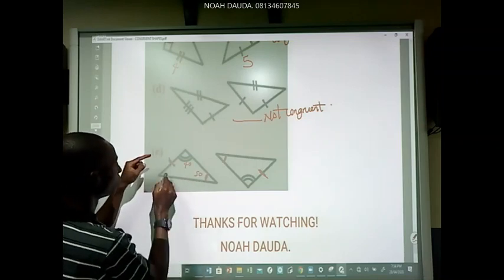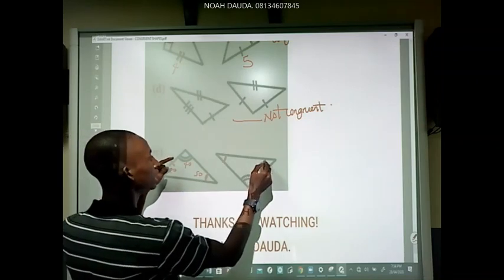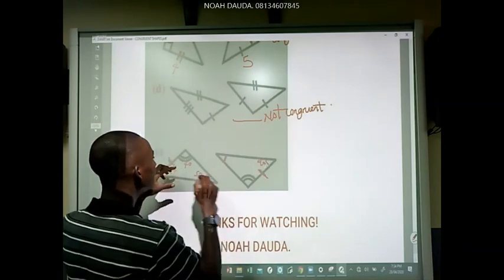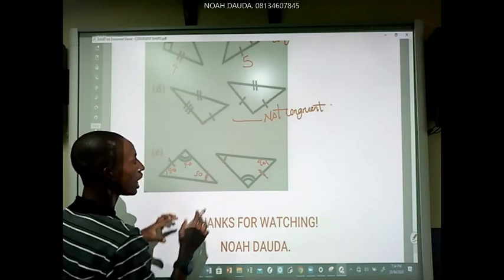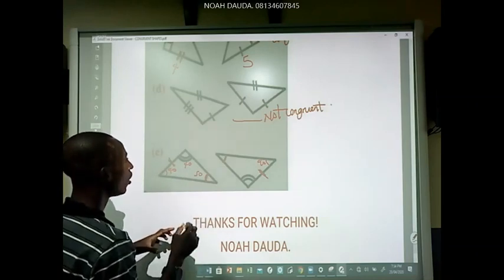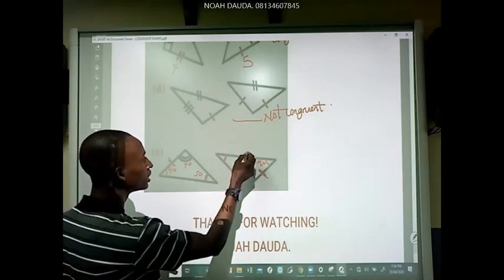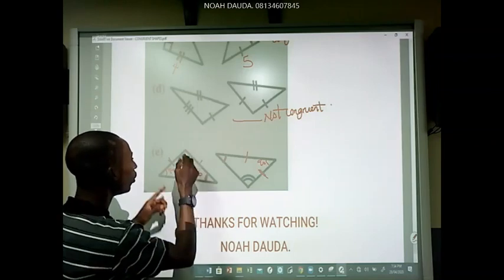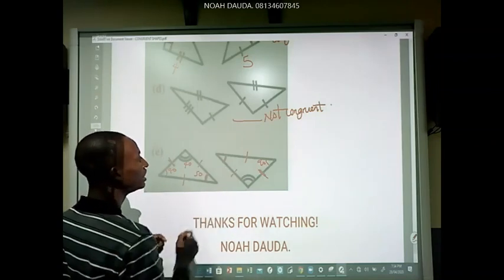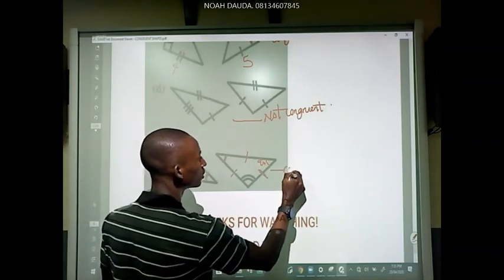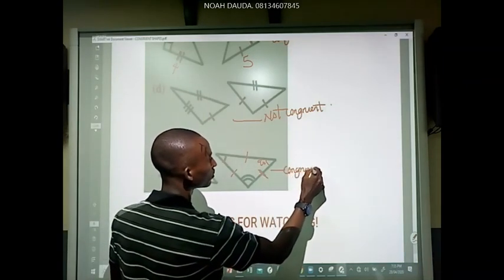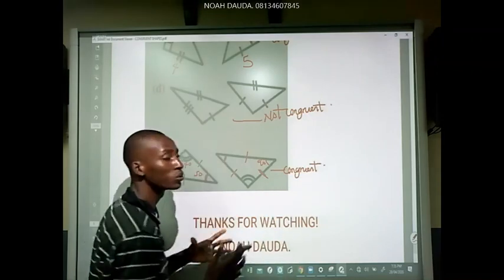Placing that under assumption, here will be 90 and automatically here will also be 90. In terms of the angles, these two triangles are congruent. On the other hand, if you determine the value on each side, you will also have the same value. So that makes this congruent. And that is what congruent is all about.